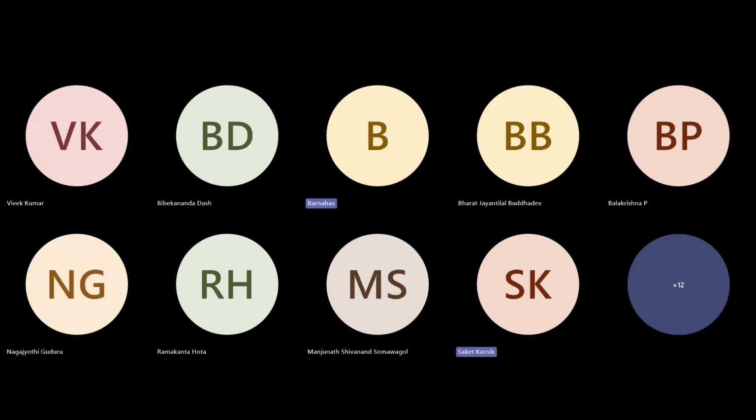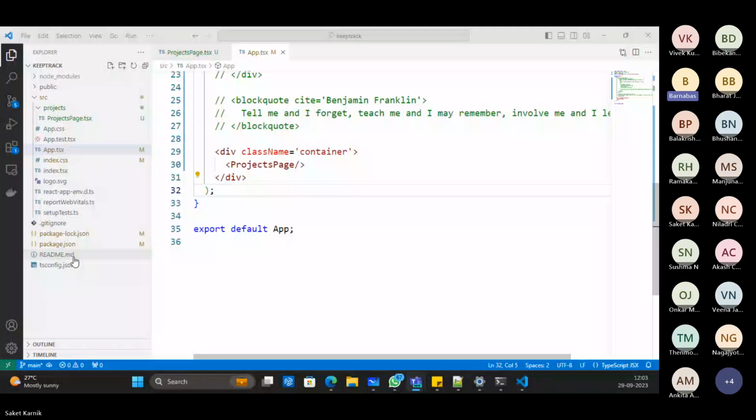Any questions, guys, so far? Here, when we say container, that's just a class defined in mini.css. And this is similar to the container that we have in Bootstrap also. So how do we know this, for a new person?